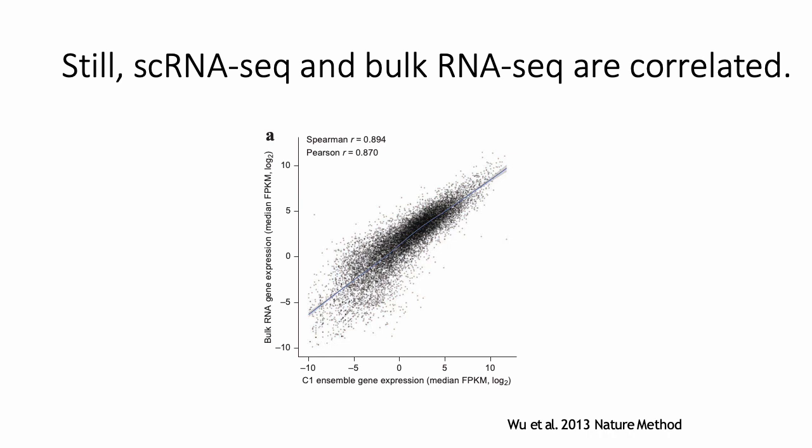There's a bit more noise at the lower end of expression, on the bottom left, whereas more highly expressed genes in the top right tend to be in more agreement between the two technologies. But on average, single-cell RNA-seq and bulk RNA-seq seem to correlate well when you have high read depth.